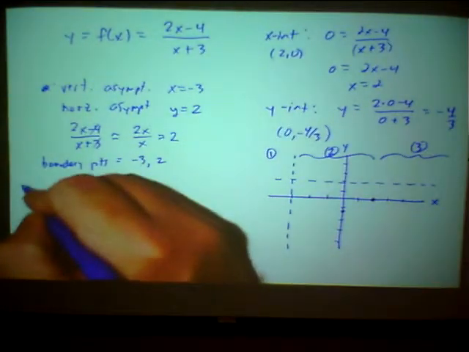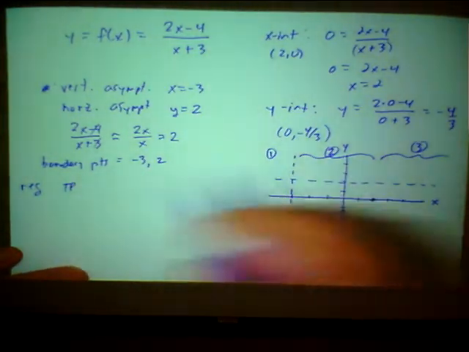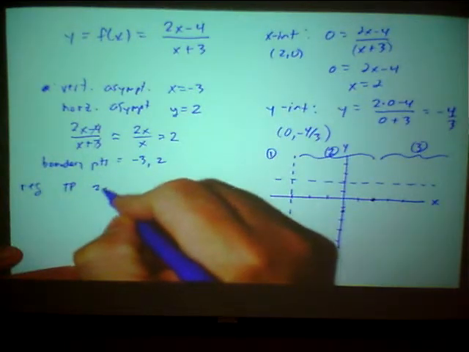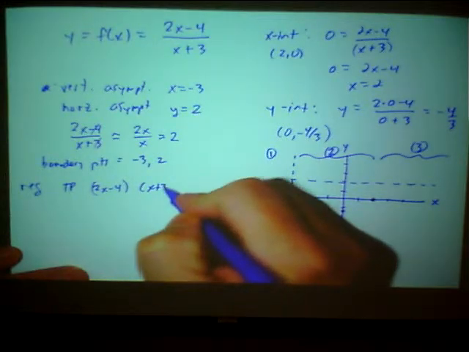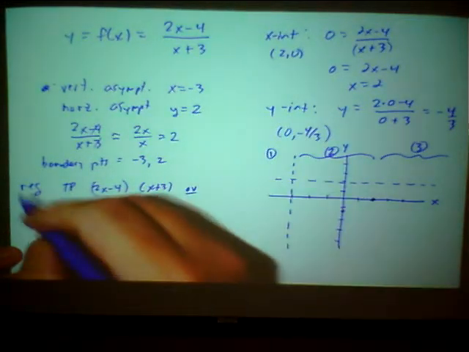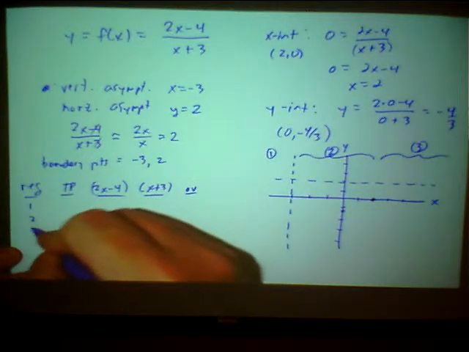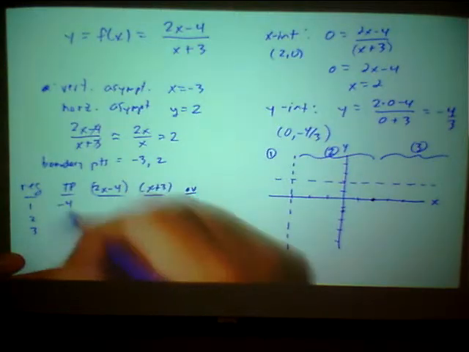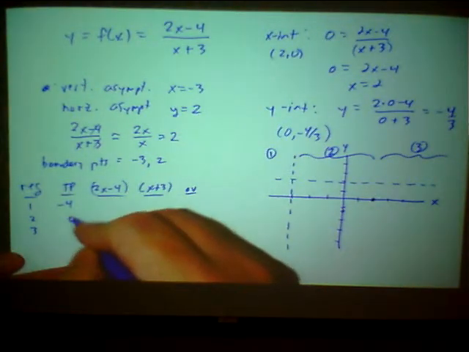So let's go ahead and now do our sign chart. My factors are 2x minus 4, x plus 3, and then overall. I've got 3 regions. For region 1, I'll choose a test point of minus 4. For region 2, I'll just choose 0.